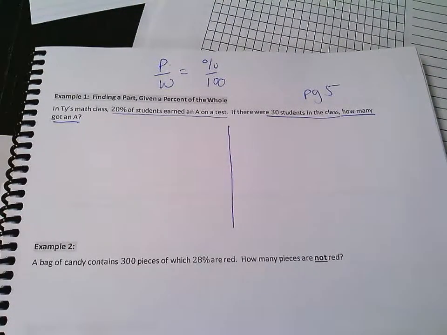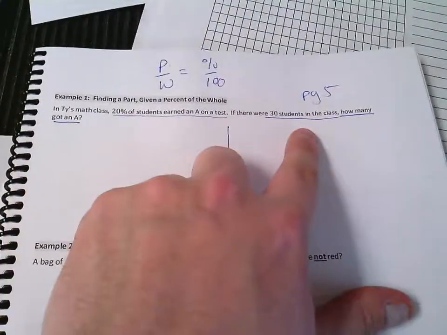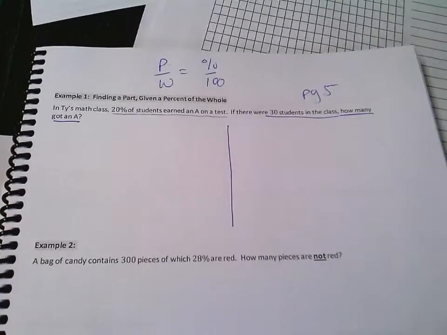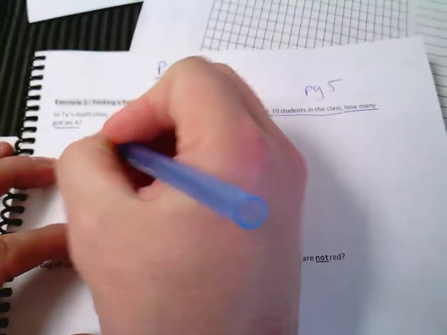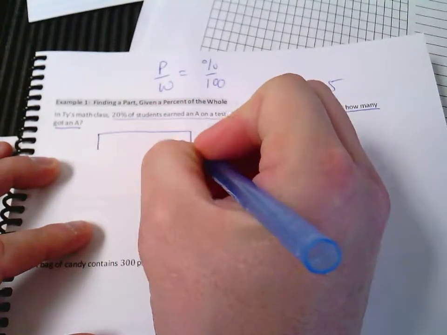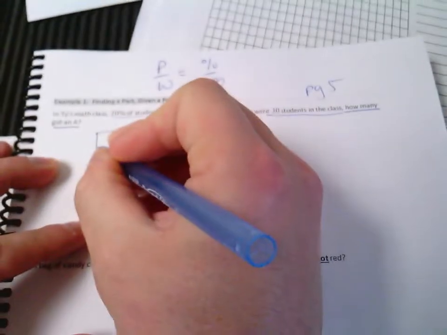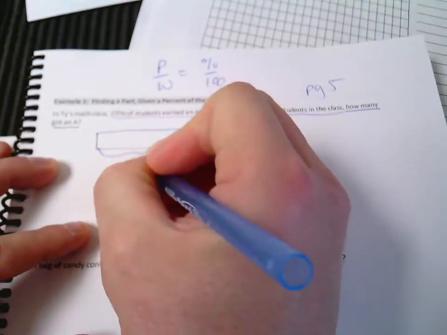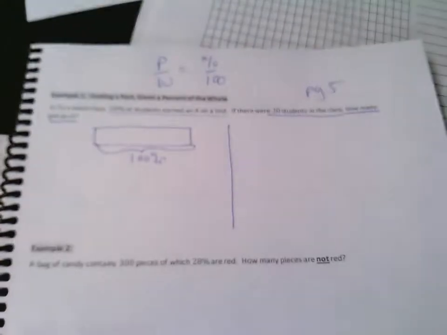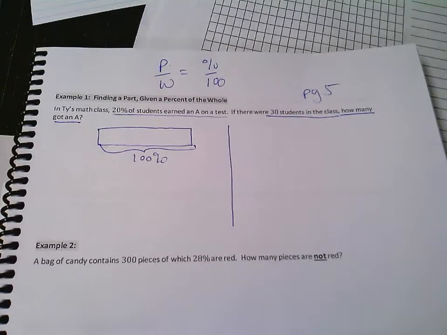In this module I tend to use a lot of tape diagrams for visuals. You might not need it for this one, but when we get to the more complicated percent problems, they definitely do help out a little bit. So here we go. I'm going to draw a tape diagram. Here's what a tape diagram with a percent looks like. You always start with a 100% block.